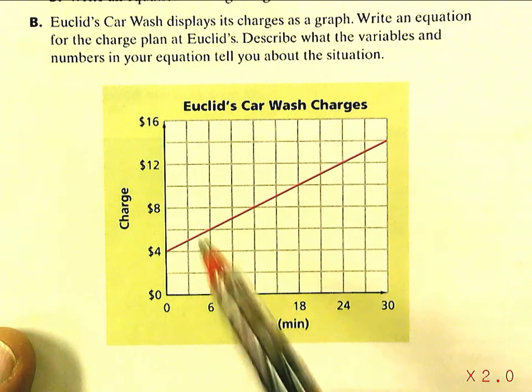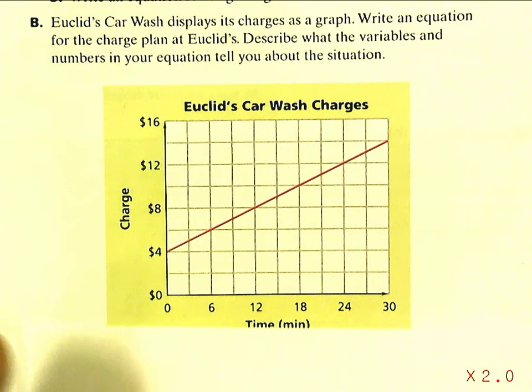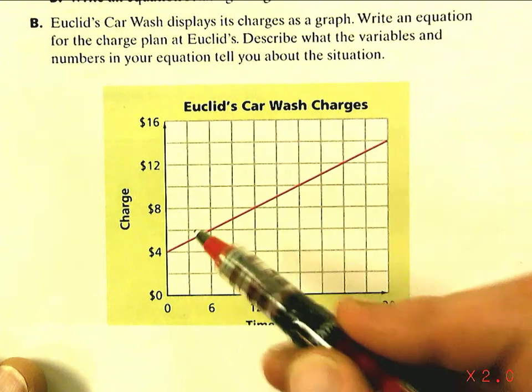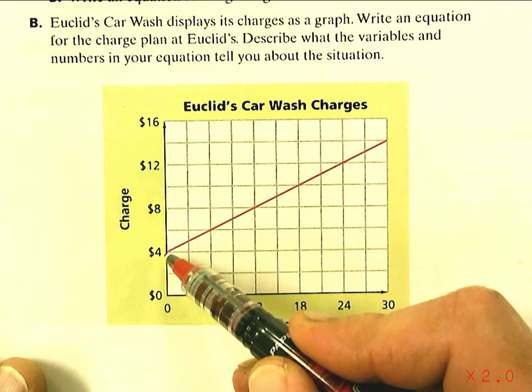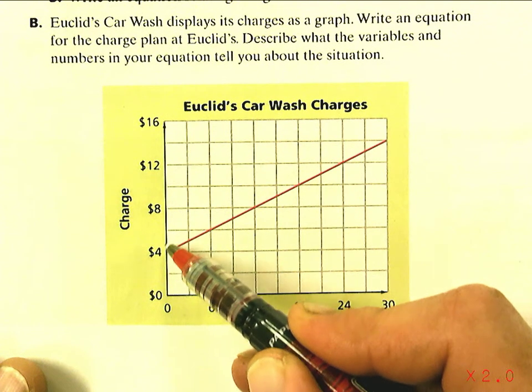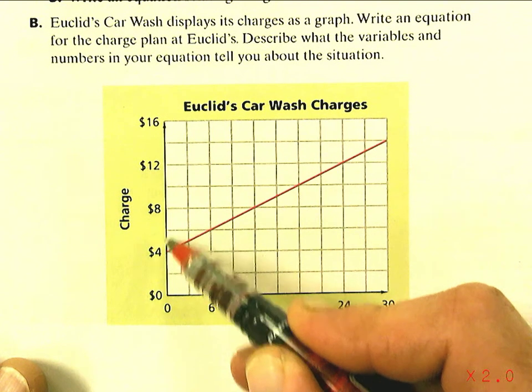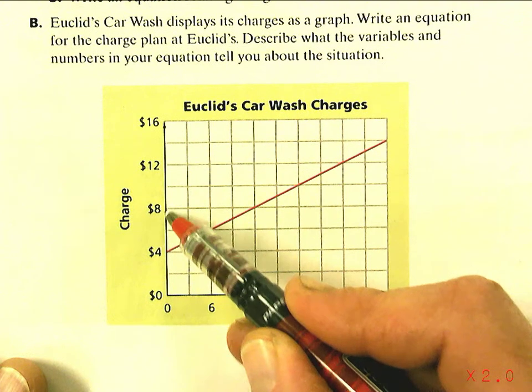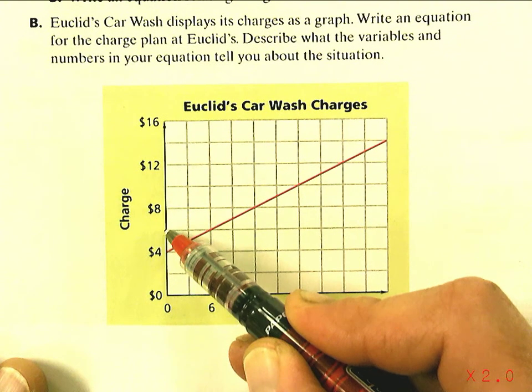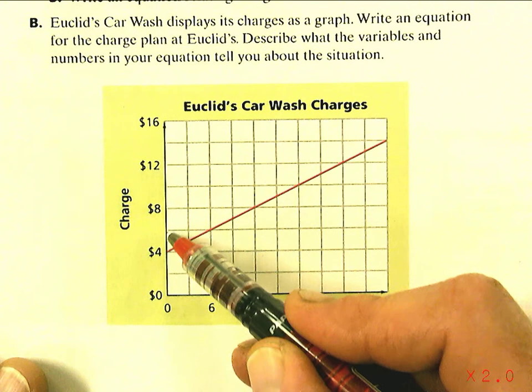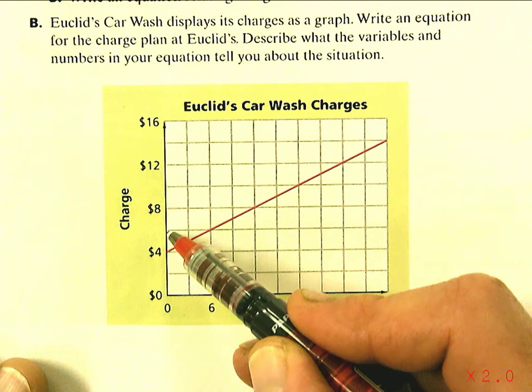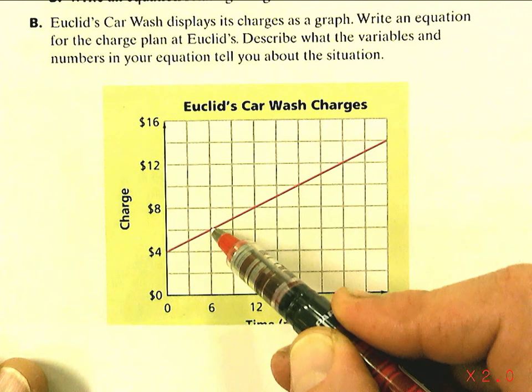Because we want to find an equation, we need the slope, so let's look at the line here and see that it starts at 4 and then goes up to 6. This is a $2 increment. So 4 to 6 is a $2 change that way, and then over to 6.